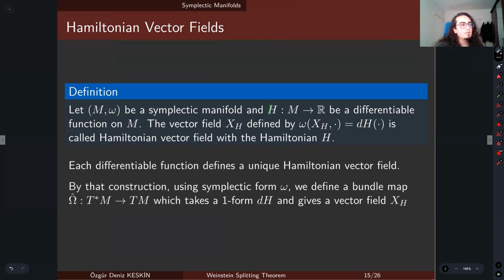Consider a symplectic manifold and H a differentiable function on M. By using such a differentiable function, we can define a vector field by putting our vector field in the first entry of our symplectic form and taking the differential of H. Simply, if this equality holds for a vector field, this vector field is called the Hamiltonian vector field of the Hamiltonian function H. Each differentiable function defines a unique Hamiltonian vector field, and by that construction, we can define a map omega hat from the cotangent bundle to the tangent bundle, which takes a one-form dH and gives us a vector field X_H.